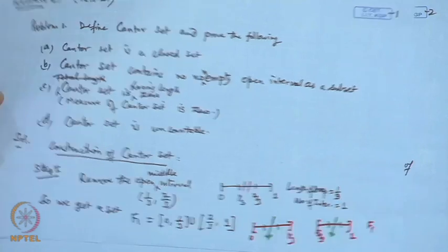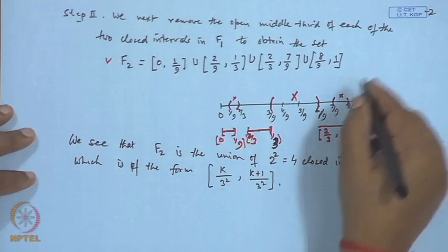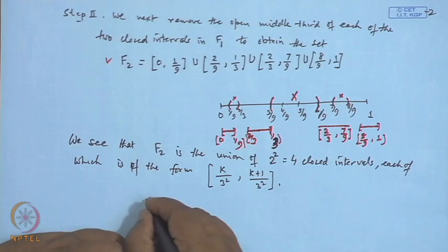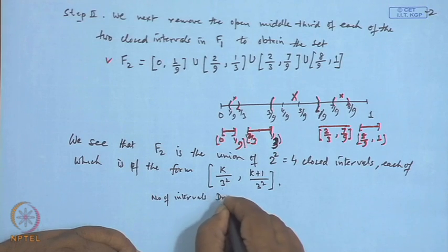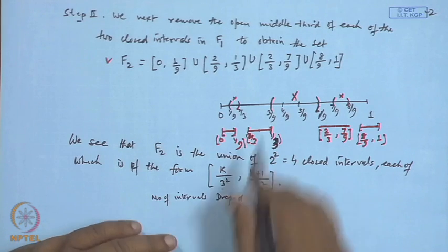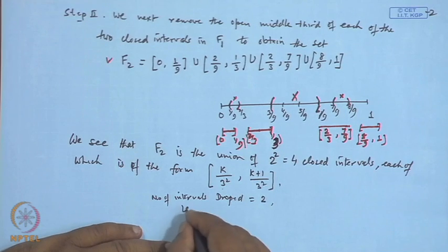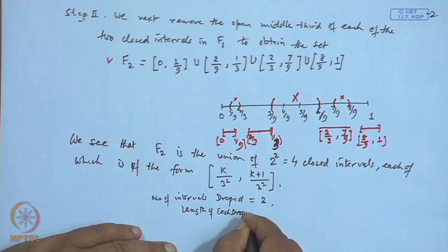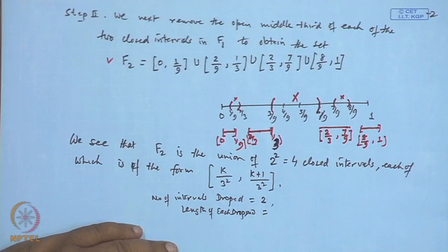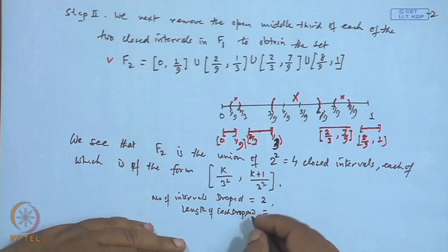Now, the number of intervals dropped is how many? 1 and 2, and the length of each dropped interval will be 1 by 3 to the power p.